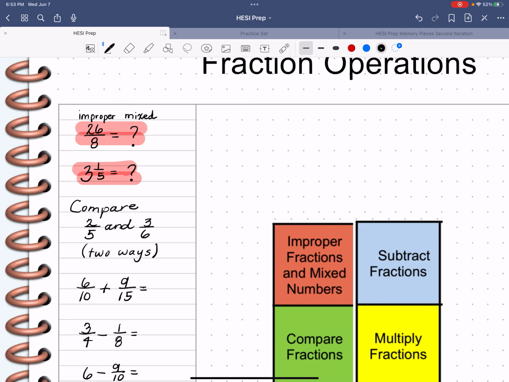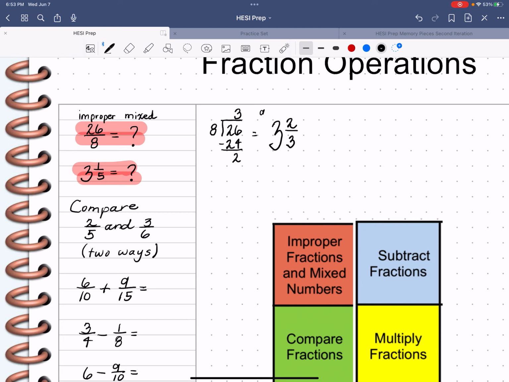So to do this one, and this would go inside the door, you would have 26 divided by 8. 8 into 26 is 3 times, and 3 times 8 is 24. And that's a remainder of 2. So your mixed number is going to be 3 2/8.